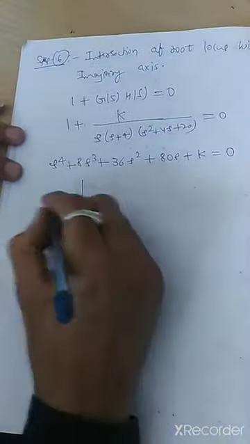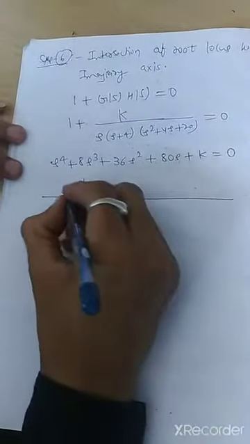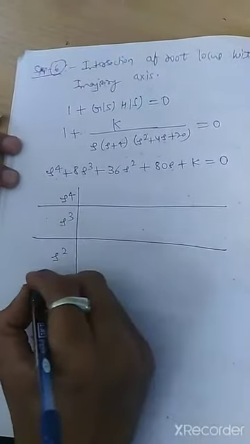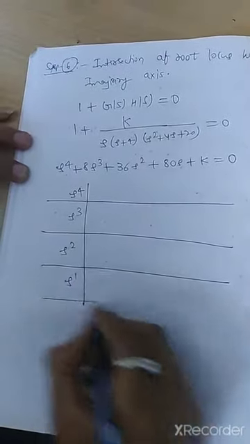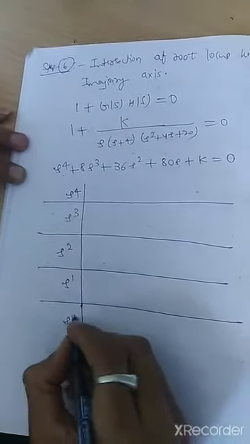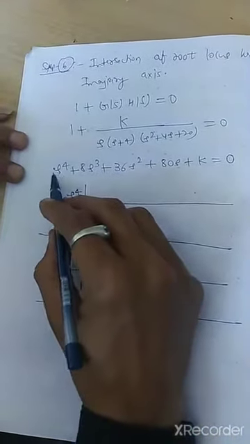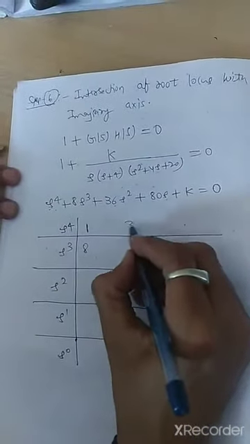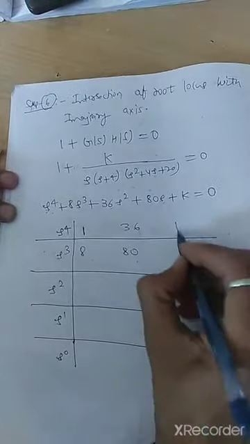Now we see the Routh-Hurwitz criteria. So s4, then s cube, then s square, then s raised to the power 1, and at last s raised to the power 0. The first column is 1, then 8, then 36, then 80, and then k.